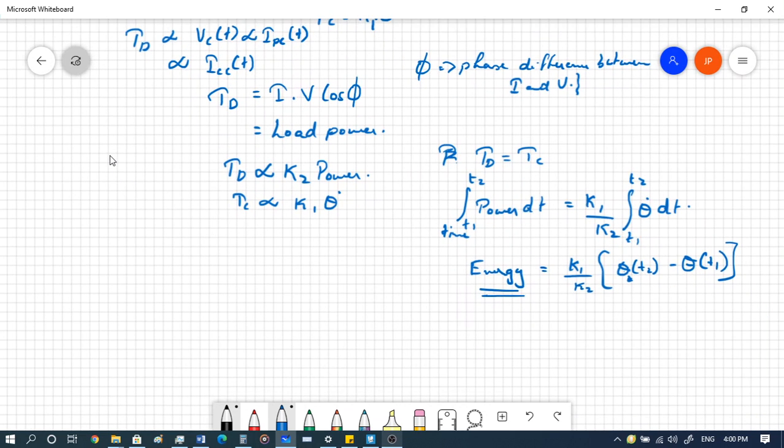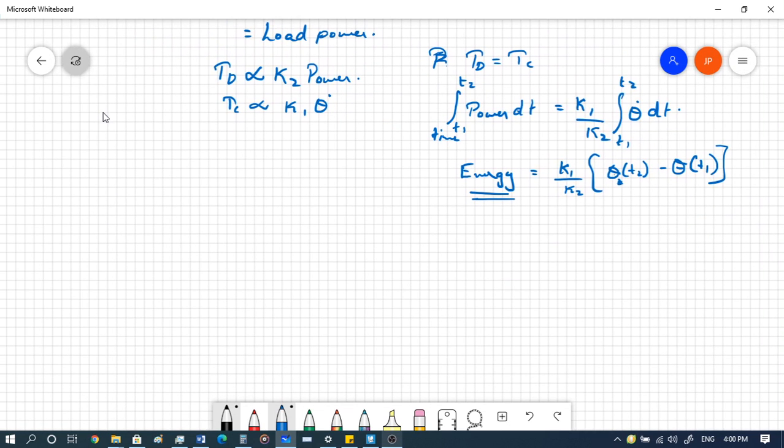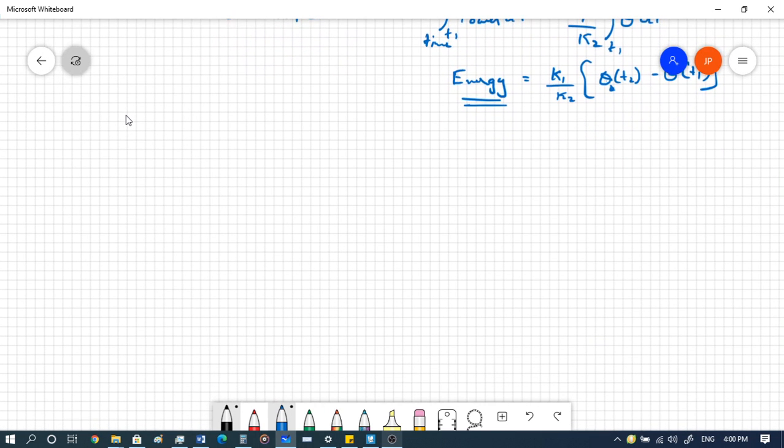So now let us look at the connections of wattmeter. Let's look at how energy meters can be connected in a three-phase system, and how the measurements can be done for the energy meter in three-phase systems, right?